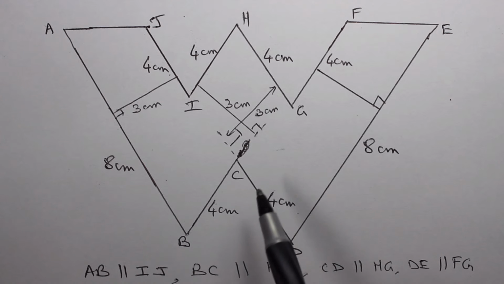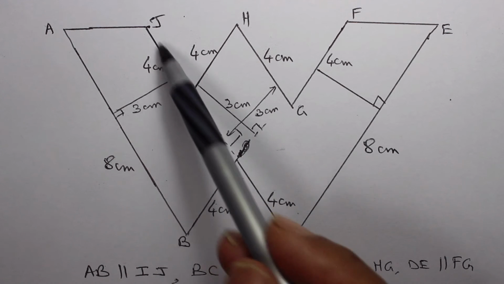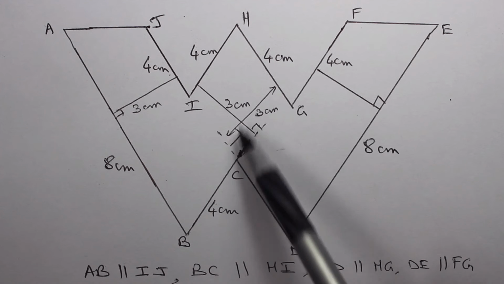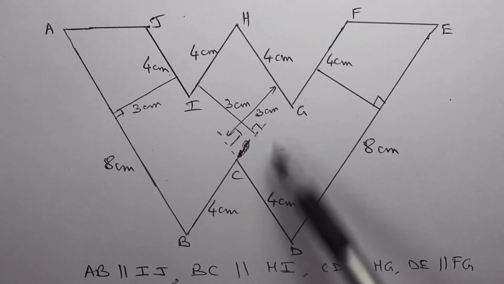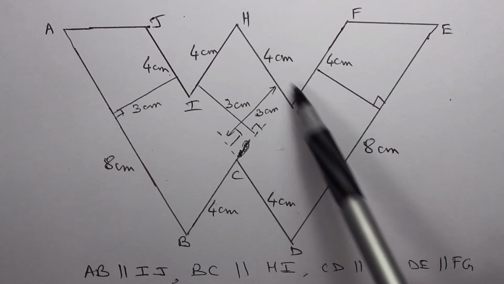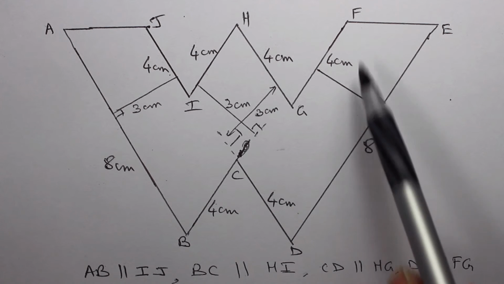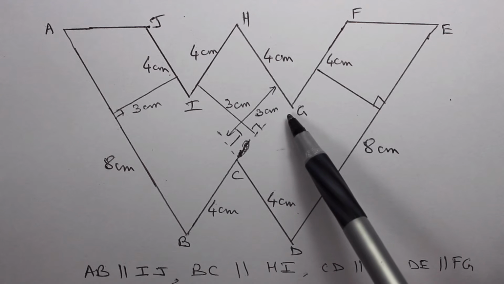So what is given in this figure of W is the opposite sides are parallel. AB is parallel to IJ, BC is parallel to HI, CD is parallel to HG, and DE is parallel to FG.